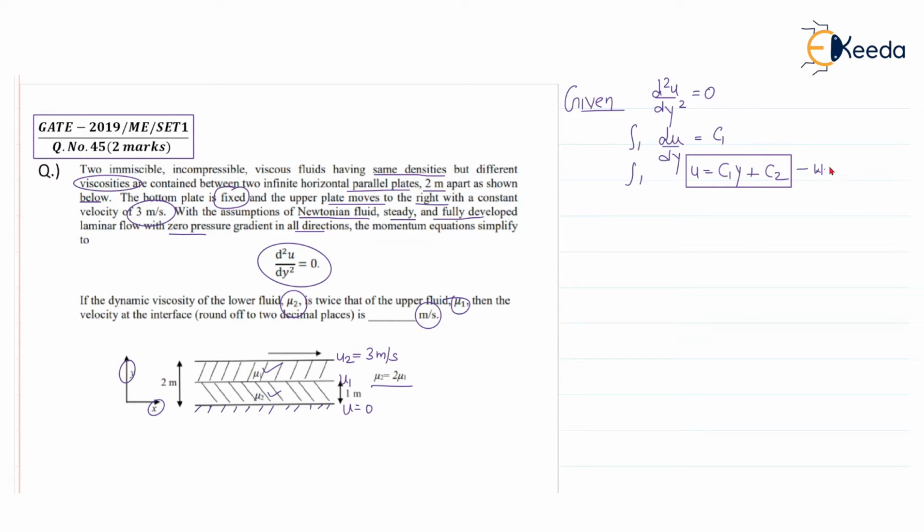So from this equation, we can say that velocity is linearly varying. So the shear stress will be constant.